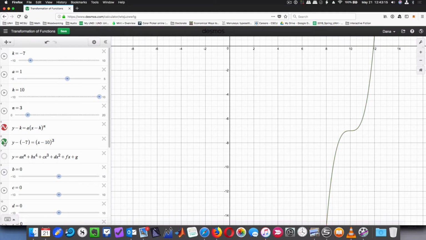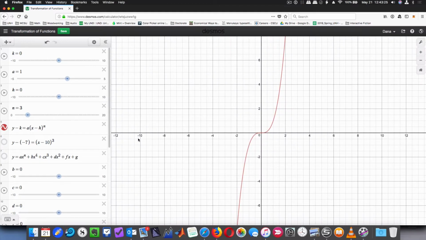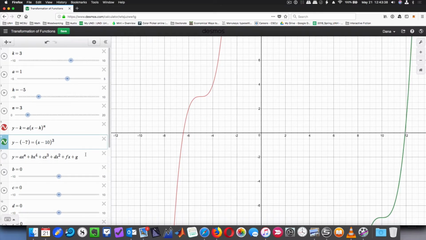Okay, so if I change this to 0 again and change the k to 0 again, if I wanted to shift up 3 units and to the left 5 units, what would my function look like? It would look like this.